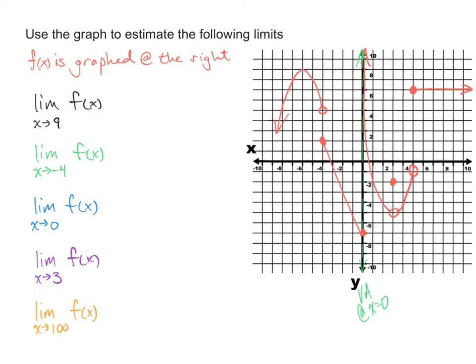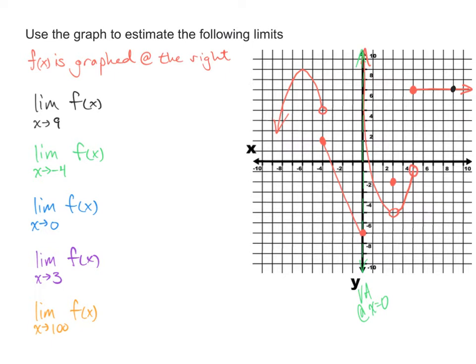So, without further ado, let's take a look at this first limit. The limit as x approaches 9 of f of x. So we need to locate the graph when x equals 9. And that dot would be about right here. So there it is.